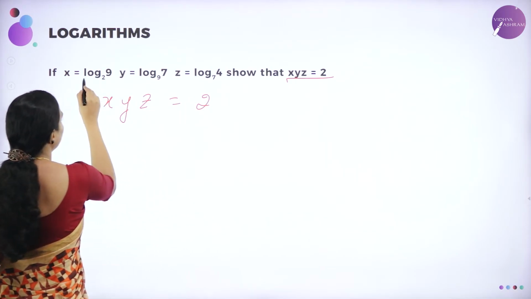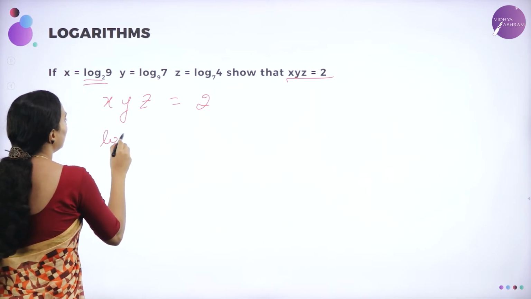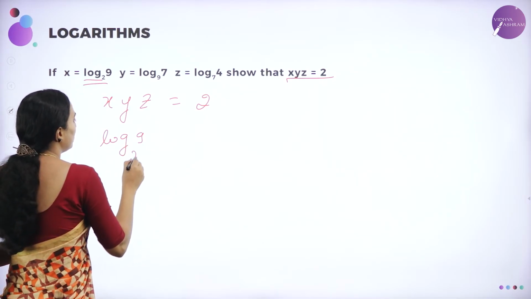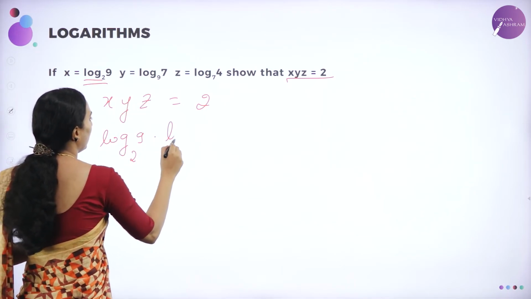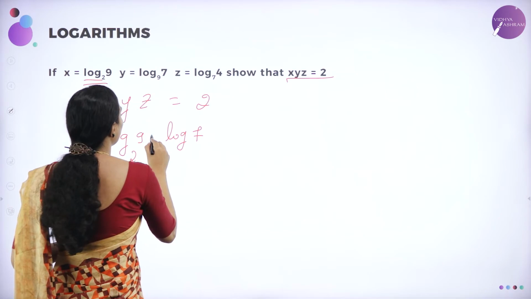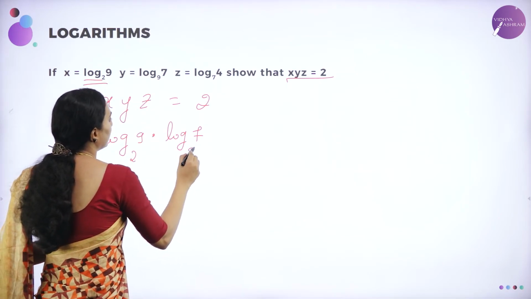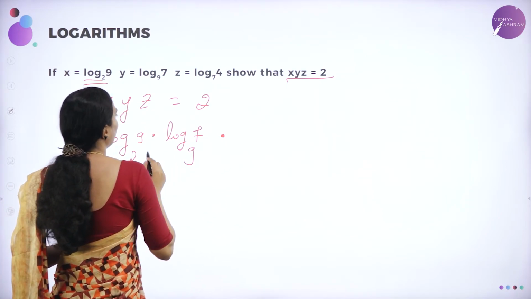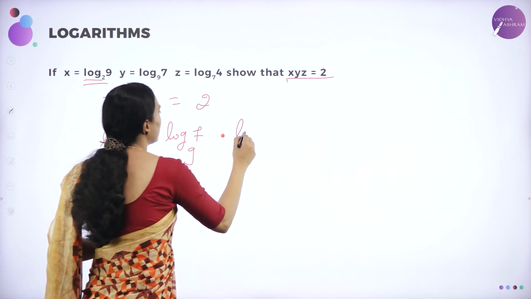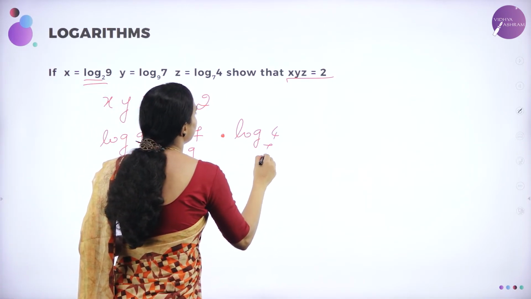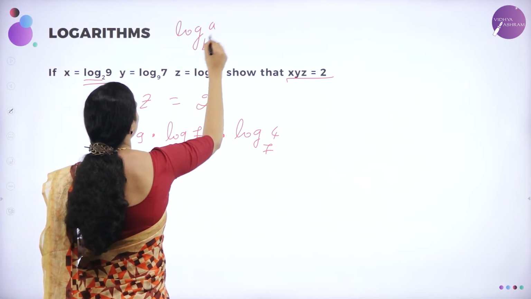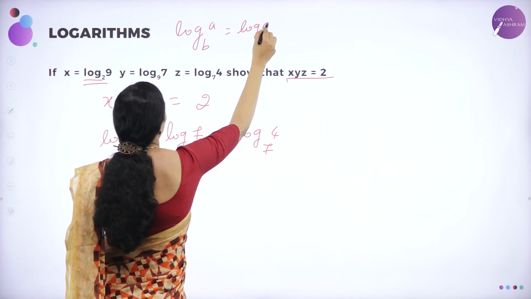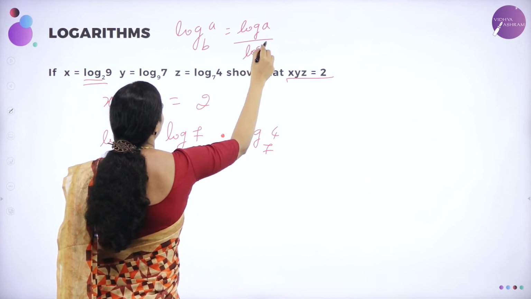What is x? They have given x is log 9 to base 2. So log 9 to base 2 into y, they have given it as log 7 to base 9. Similarly, into z, they have given it as log 4 to base 7. You know already, log a to base b can be written as log a divided by log b.